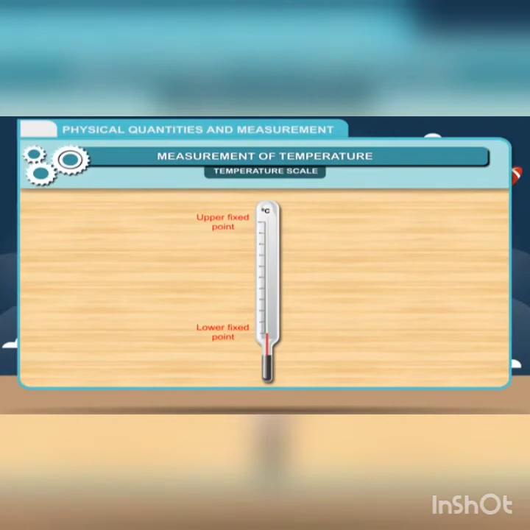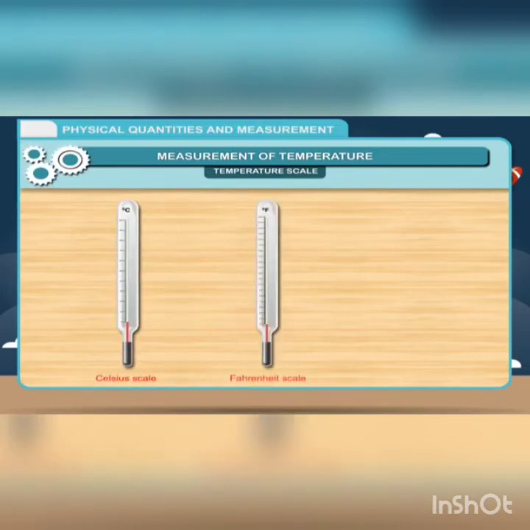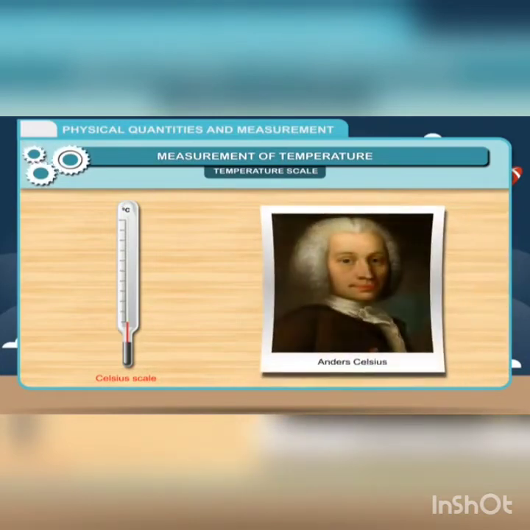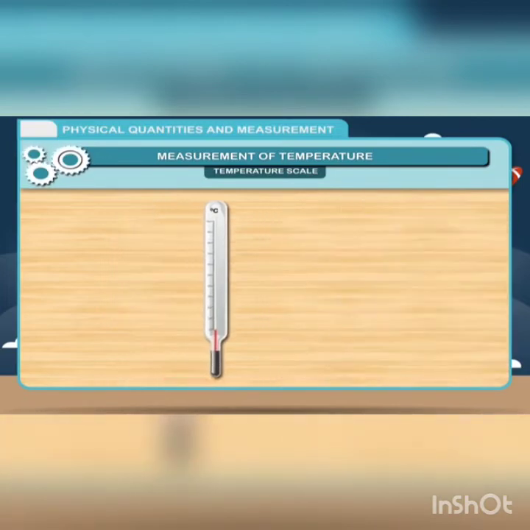In general, measurement of temperature is divided into 3 scales: Celsius scale, Fahrenheit scale, and Kelvin scale. The Celsius scale of temperature was designed by Anders Celsius, 1701 to 1744. The unit of measurement of temperature in this scale is degrees Celsius.